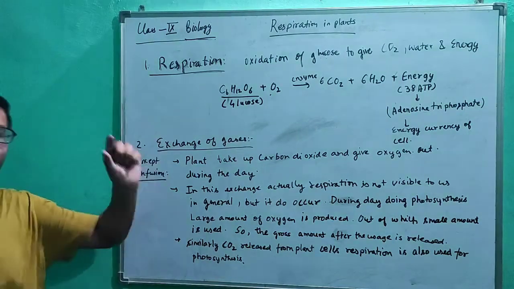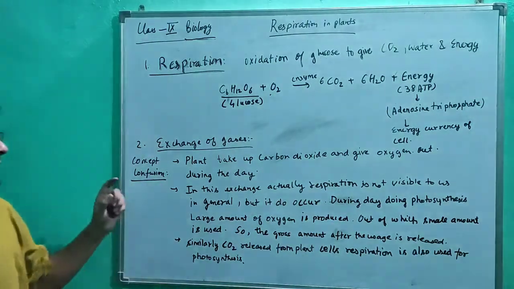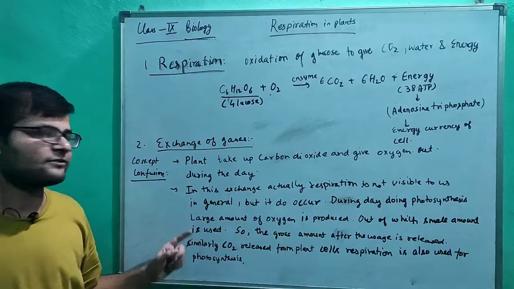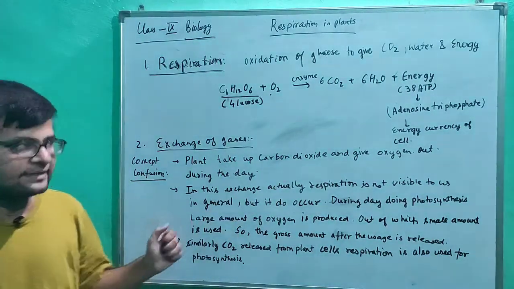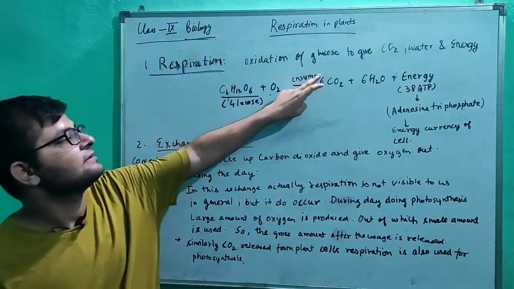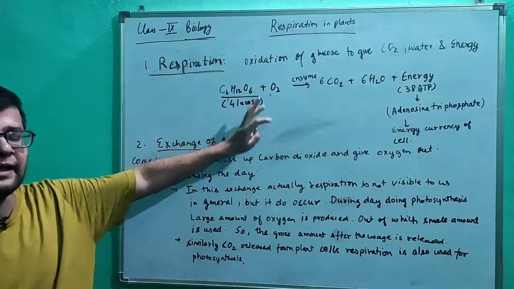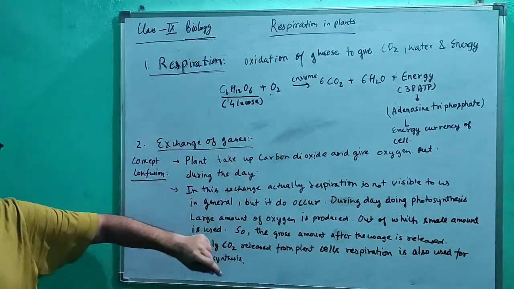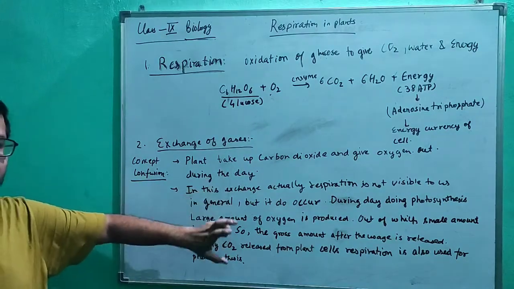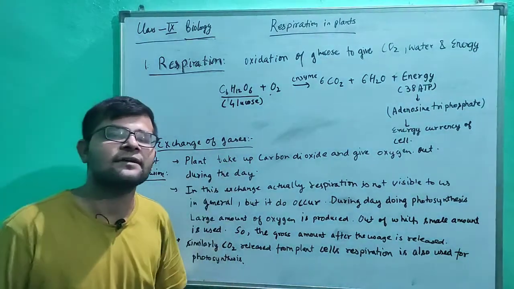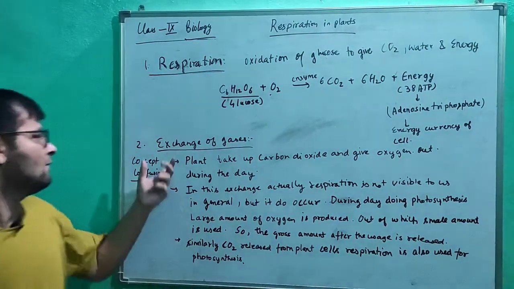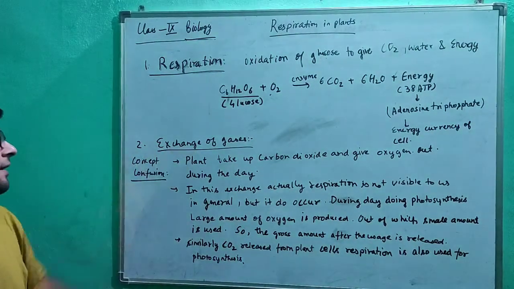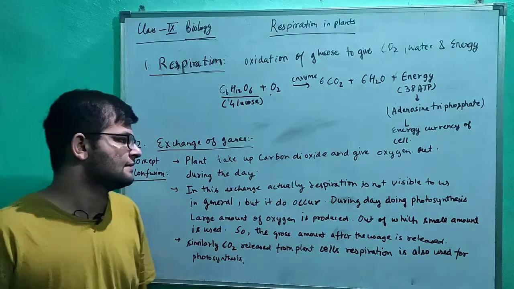This is the overall idea, and now one by one we will study the steps that happen in the process of respiration, where I have written these enzymes. That enzymes process we are going to study, and we will also study how the oxygen enters inside the cells of the living organism. So we are talking about the exchange of gases.